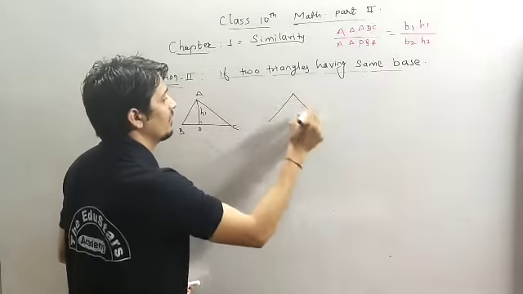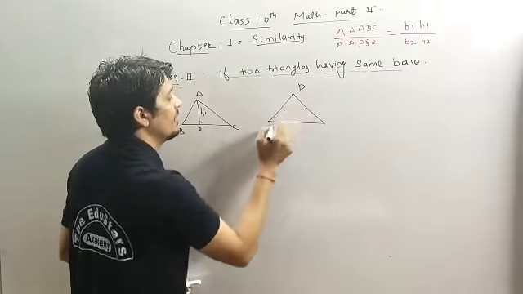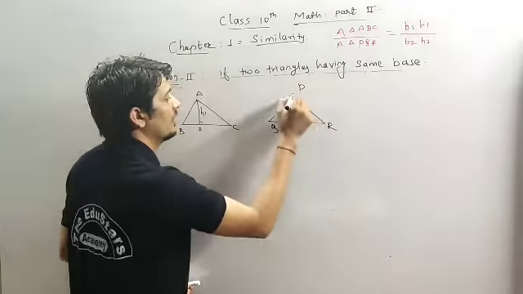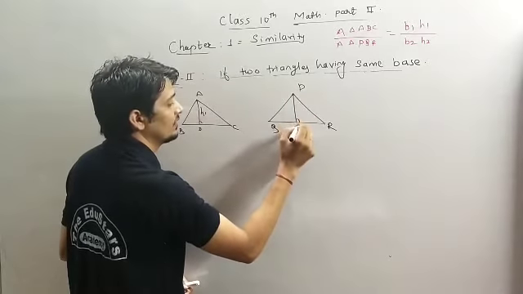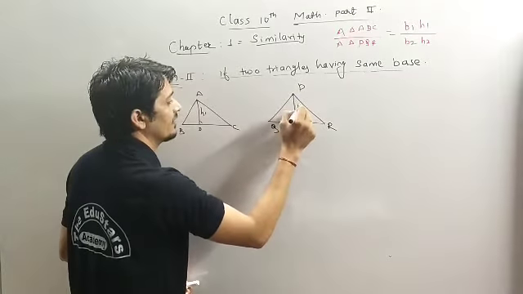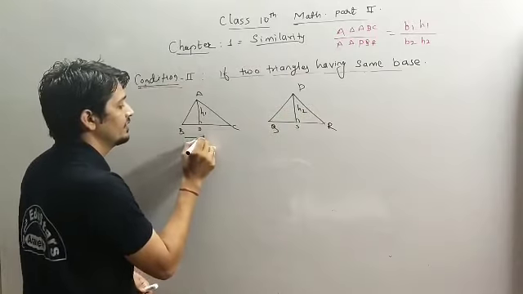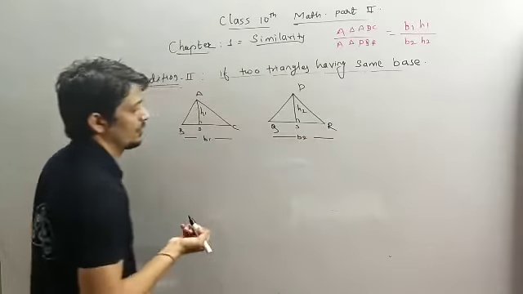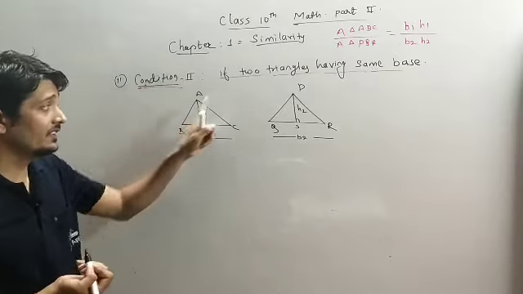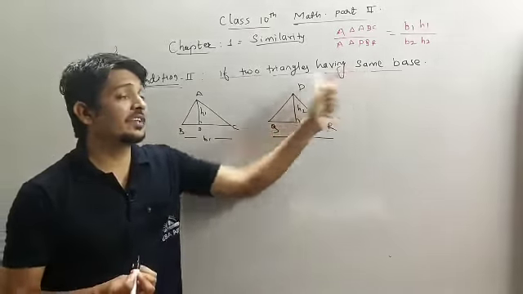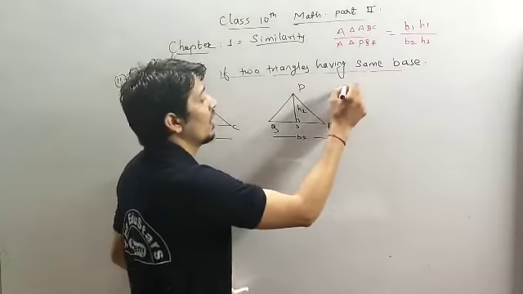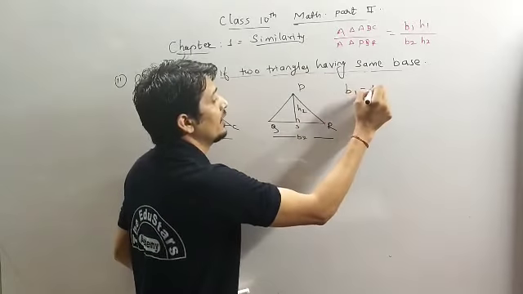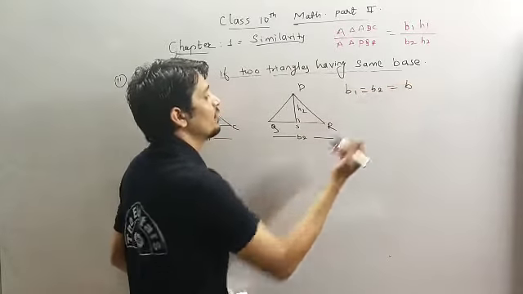Another triangle we have triangle P, Q, R, and we have drawn S which is the height, that is H2, and this is the base B1 and this is the base B2. Okay, so condition says if two triangles having same base, अगर जब base same होगा then we can write B1 equals to B2 which is equals to B.